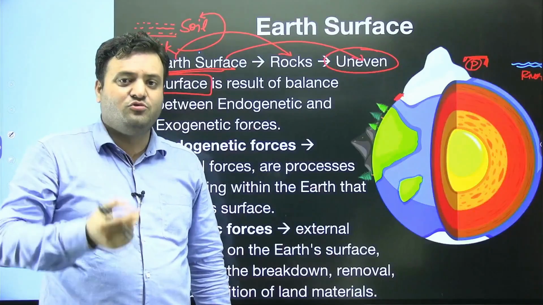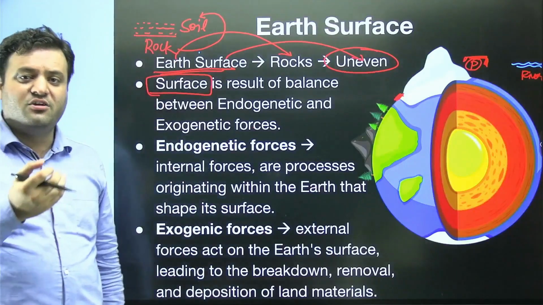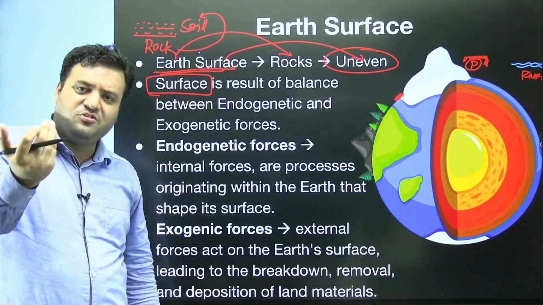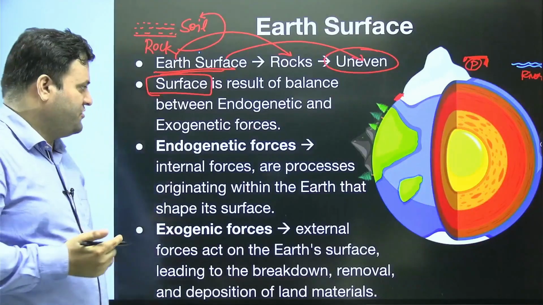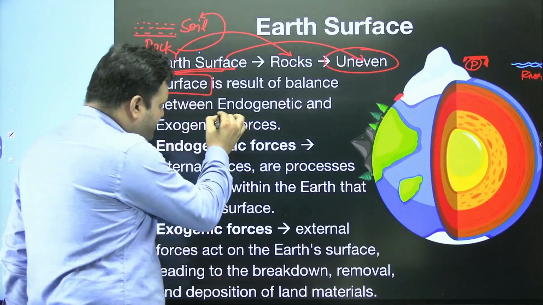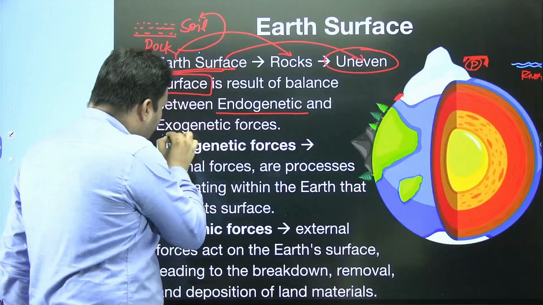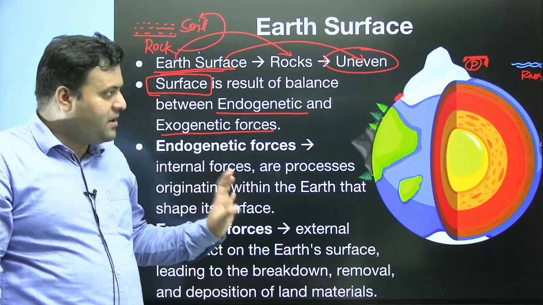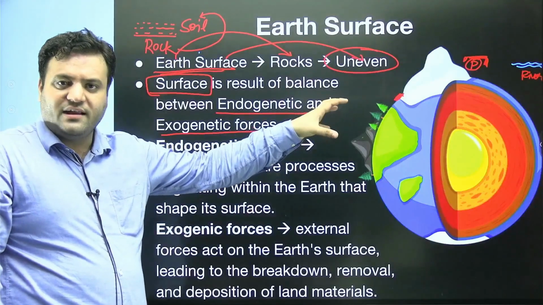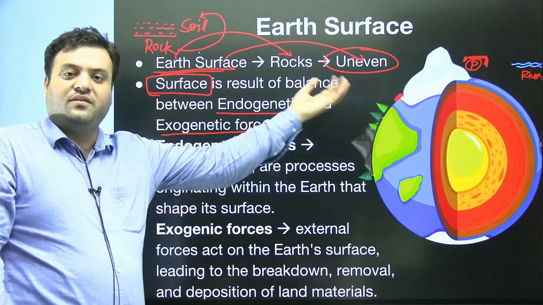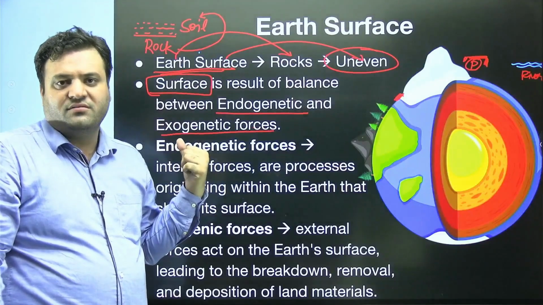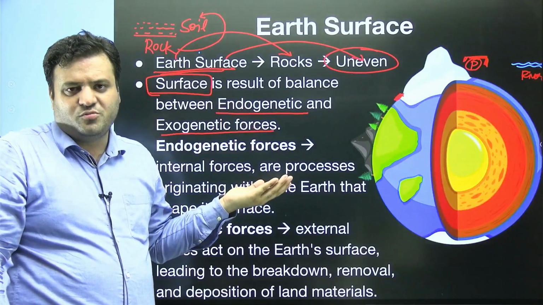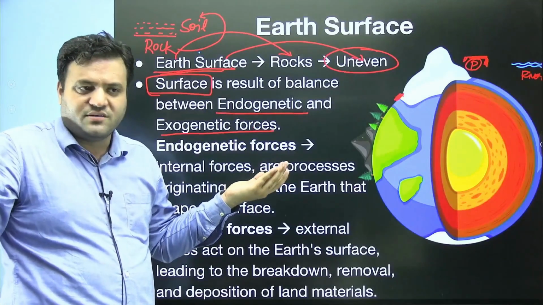We have these two sets of forces, endogenic forces and exogenic forces. So these two sets of forces are applying, and based on their intensity, the surface will be uneven. Surface will have some sort of steeper slope. Surface could have some sort of plain area.